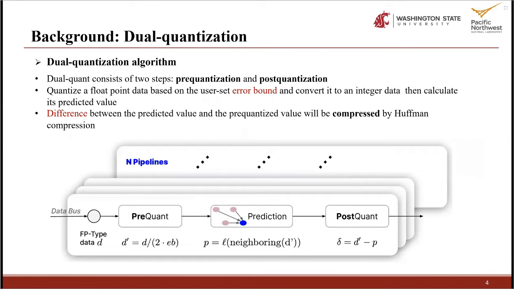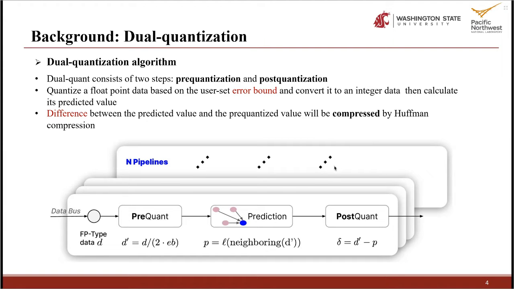Then I will talk about the dual-quantization problem. Dual-quantization is a novel two-phase prediction-quantization approach. Our dual-quantization consists of two steps: pre-quantization and post-quantization. Given floating point data, we will first quantize it based on the user-set error bound and convert it to integer data.